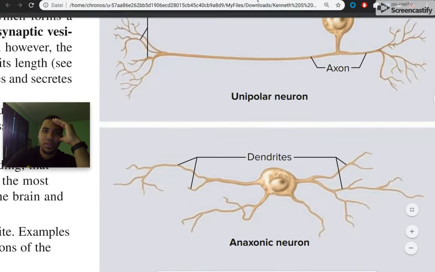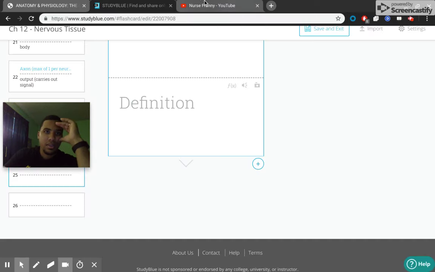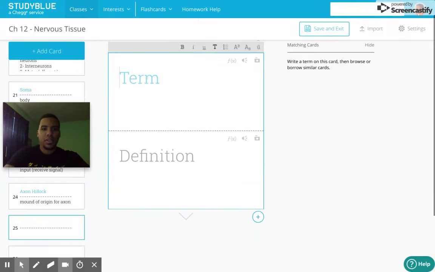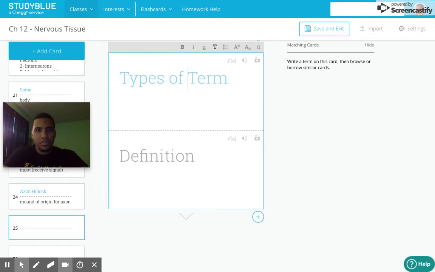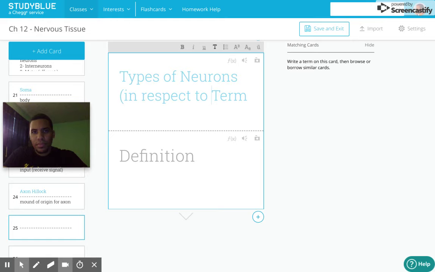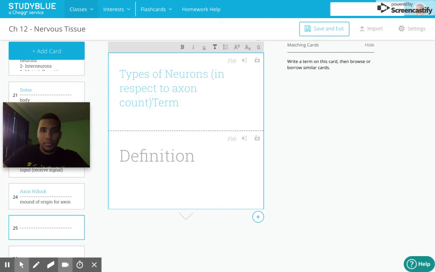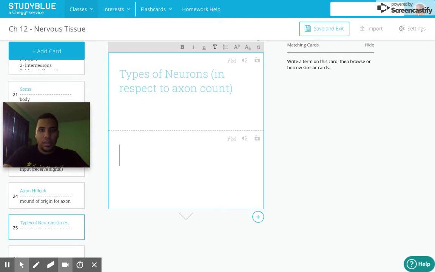bipolar, and unipolar. I'm not even going to write that on. Oh, yeah. Hurry up. Let me just put it here. Types of neurons in respect to axon count. And here I'm going to put multi. And this is so slow.